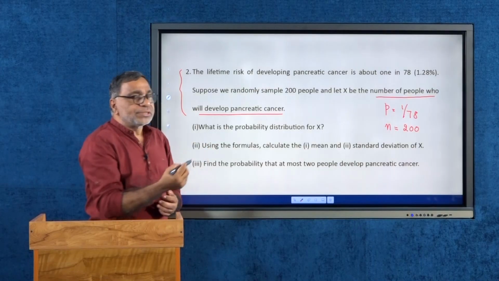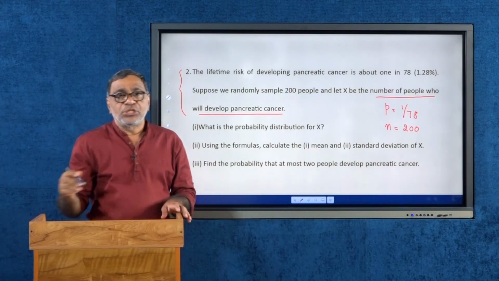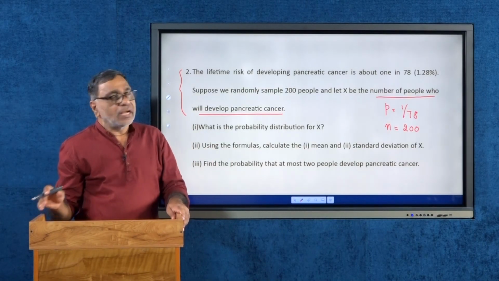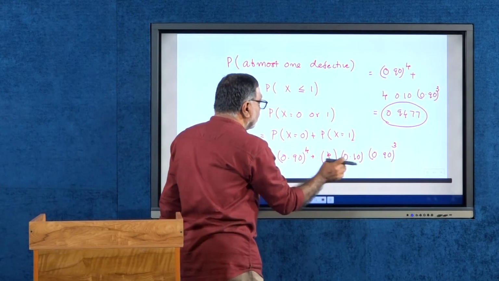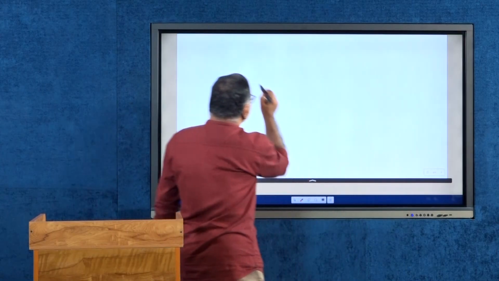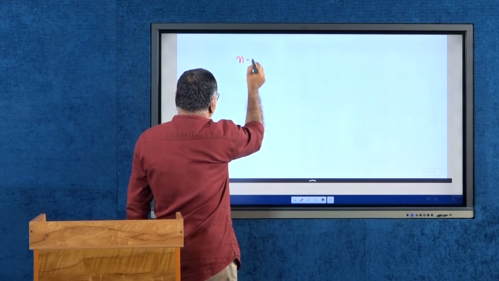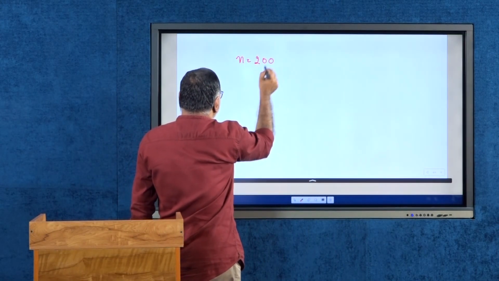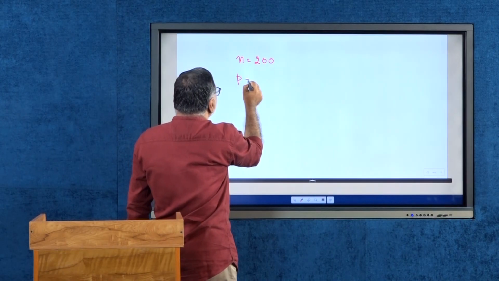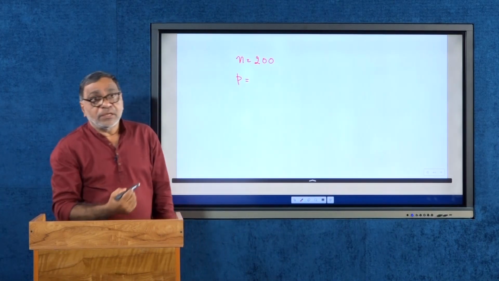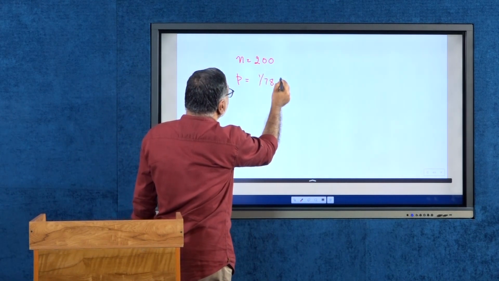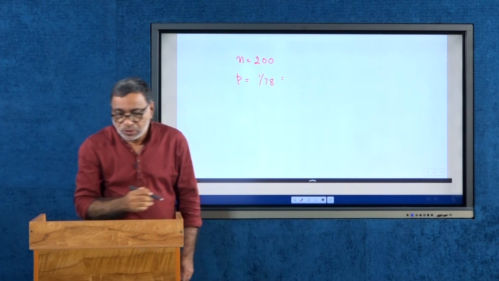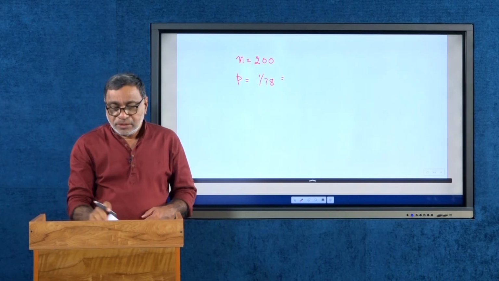So what is the probability distribution of x? You are given n equal to 200 and p, the probability of developing pancreatic cancer, equal to 1 out of 78.